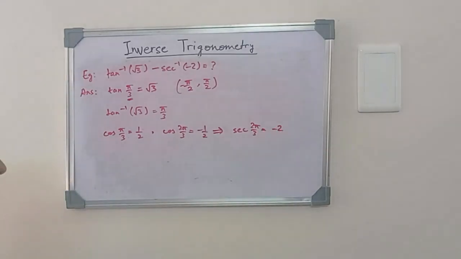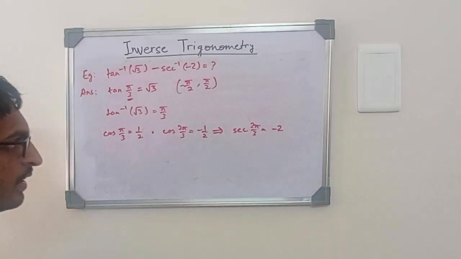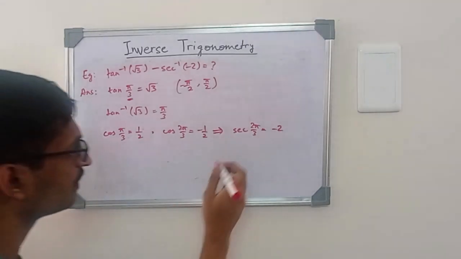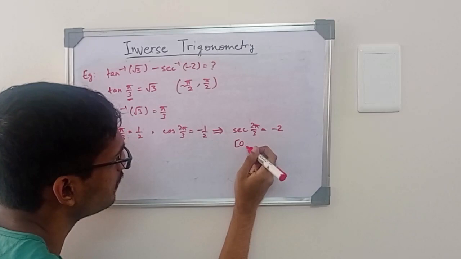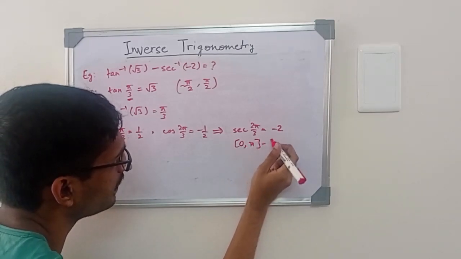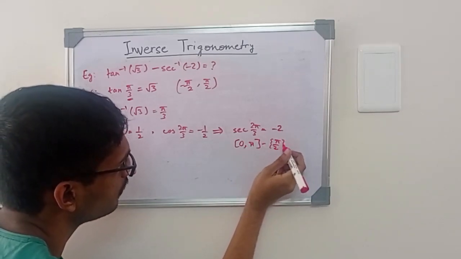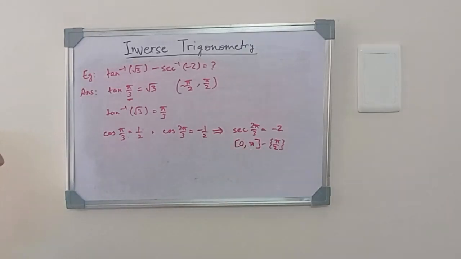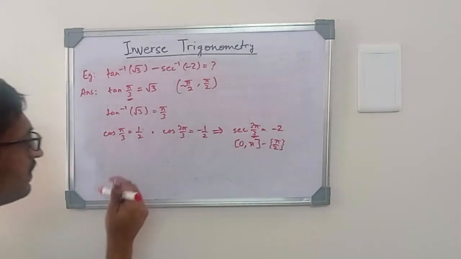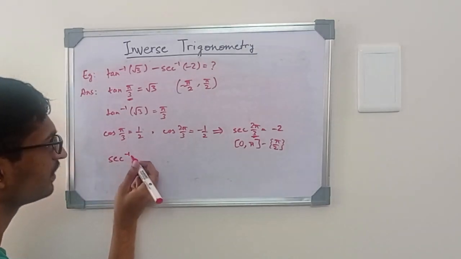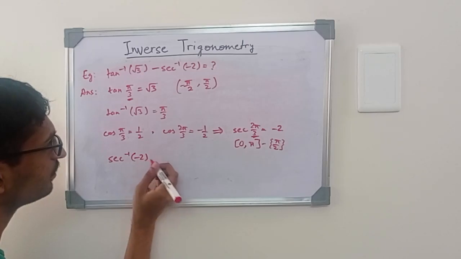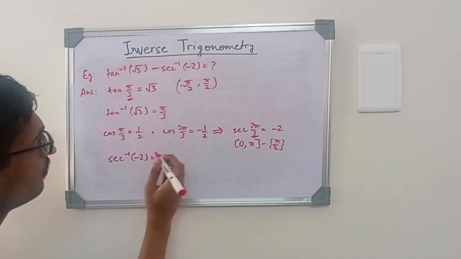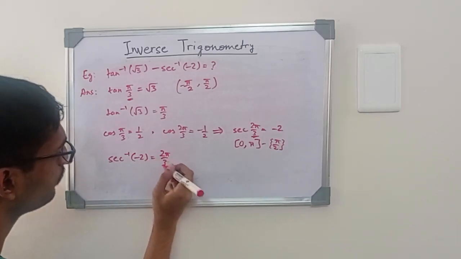And remember that the principal value branch for secant inverse was 0 to pi, excluding pi by 2. This angle clearly lies within this principal value branch, so that means this is our answer. So we write secant inverse of minus 2 is equal to 2 pi by 3.